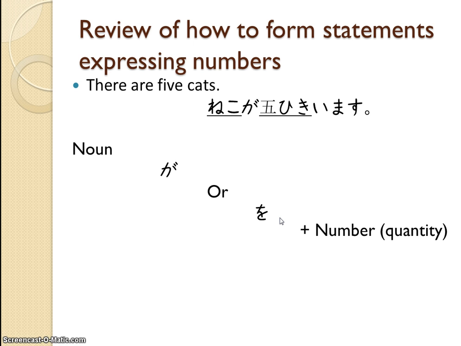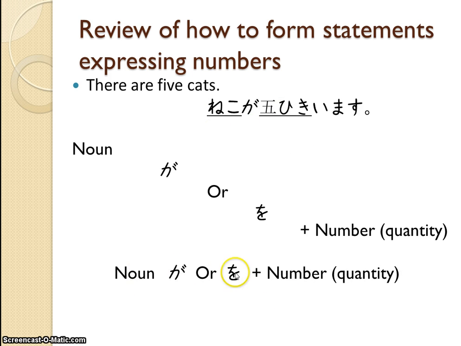Now, if it is part of a statement, as in saying that I ate 5 pieces of tonkatsu, in that case, the focus is on you eating, hence you would use o instead. So please make sure you differentiate when you use ga and when you use o when you're making these number statements.